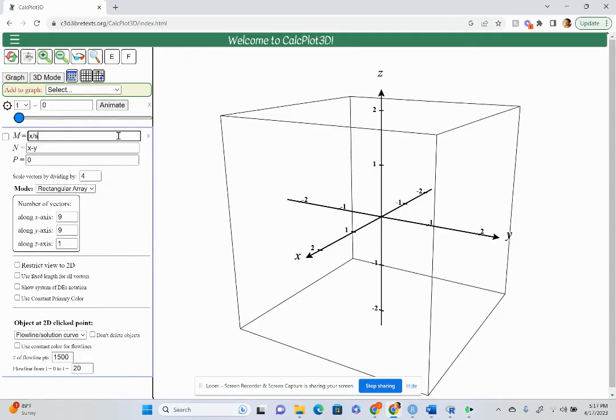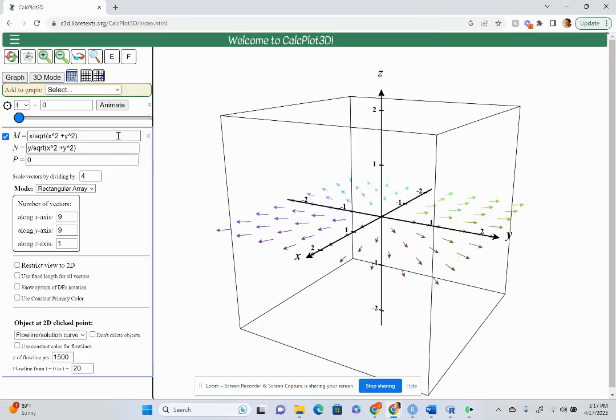I need x over the square root of x squared plus y squared for my first component. I need y over the square root of x squared plus y squared for my second component. And this is just a two-dimensional thing, so I don't have a third component. I just have the two.